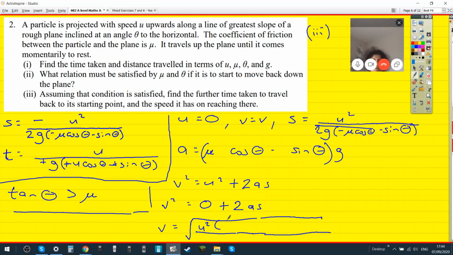Oh, you shouldn't just write that. Okay. Mu cos theta minus sine theta, and that's over... we cancelled out the 2 and the g. Minus mu cos theta minus sine theta. That's close with the signs. It's nearly 1, but it's not.